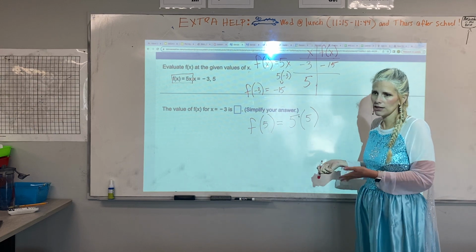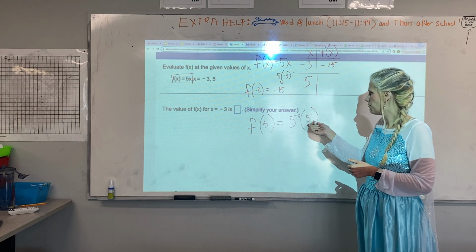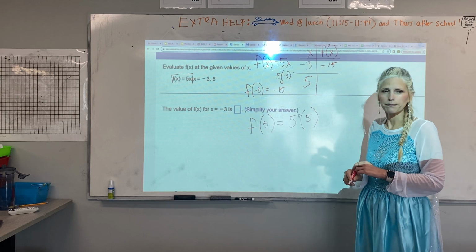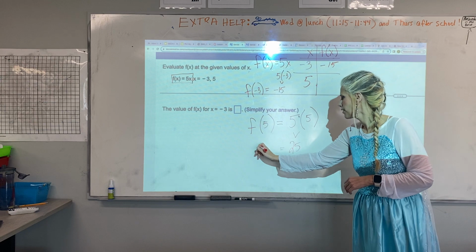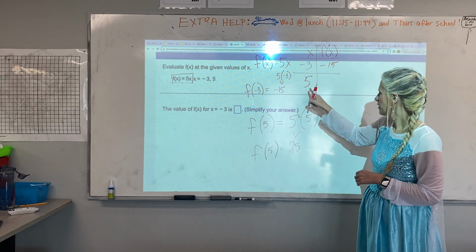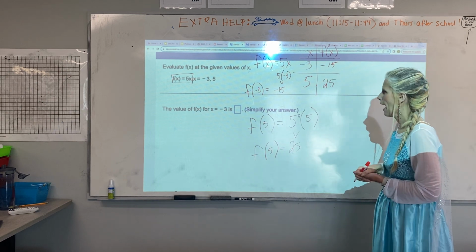But it's going to come out different, because 5 is a different value than -3. When 5 goes into the machine and it multiplies it times 5, what do we get? 25 is correct. So the function of 5 is 25, meaning 5 is your input, 25 is your output.